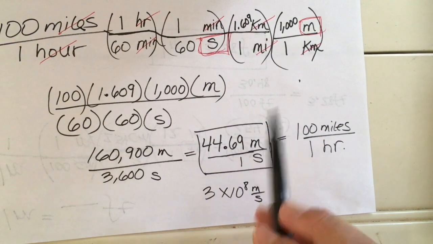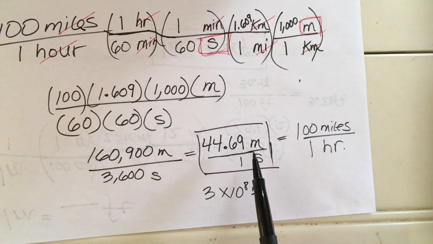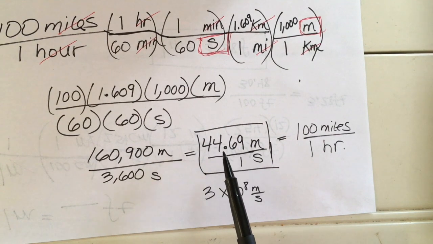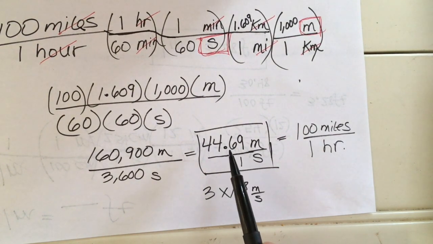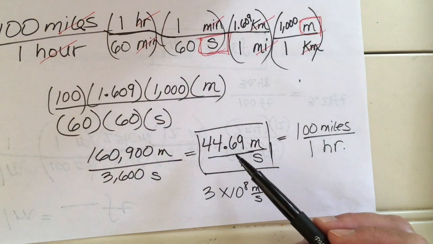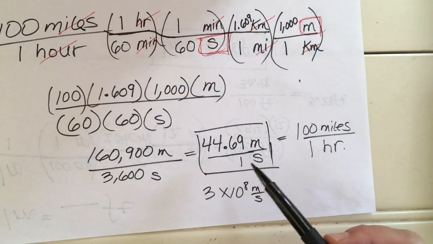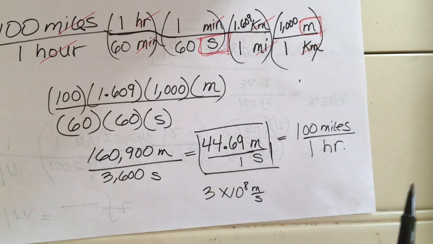And this is a good way to estimate. So if you're like, well, how many miles per hour is this roughly? What you can do is take this number, double it, right? Double it, you get 44. This is roughly 45. Double it, you get about 90, and then add a little bit to it, and you get 100. So that's this little trick I have.